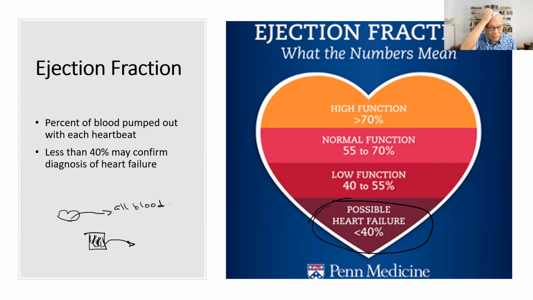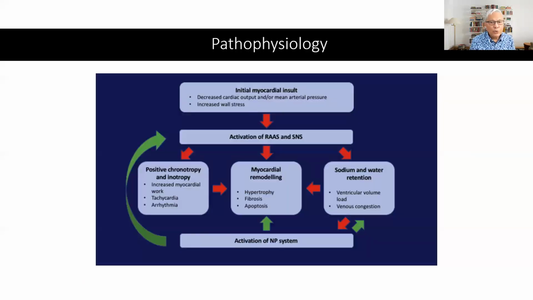Normal ejection fraction is anywhere from 55 to 70%. If you are lower than this, that means the heart is now failing.